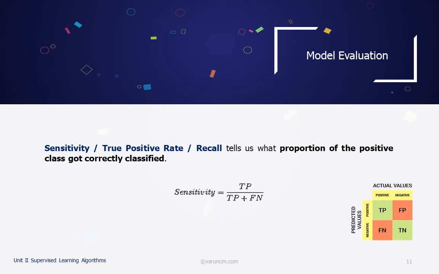The formula for this is sensitivity is equal to TP divided by TP plus FN. This formula looks similar because it is the same formula which we used for the recall. So sensitivity, true positive rate, or recall, all three have the same formula, that is TP divided by TP plus FN.